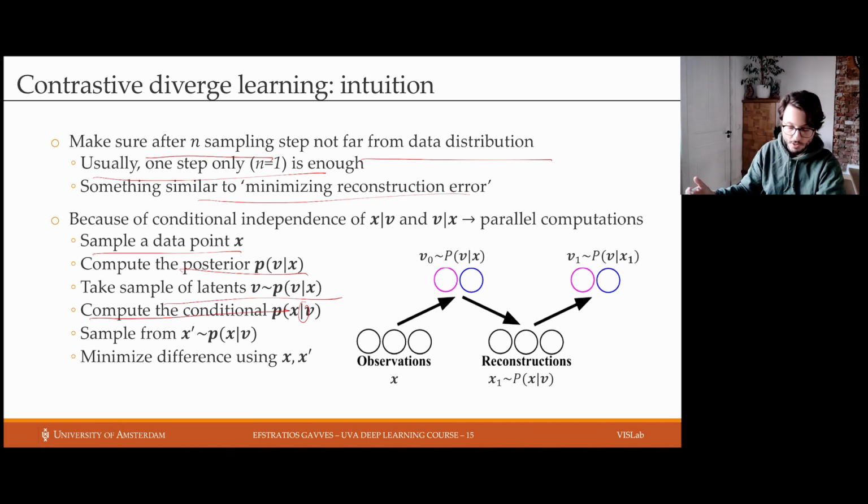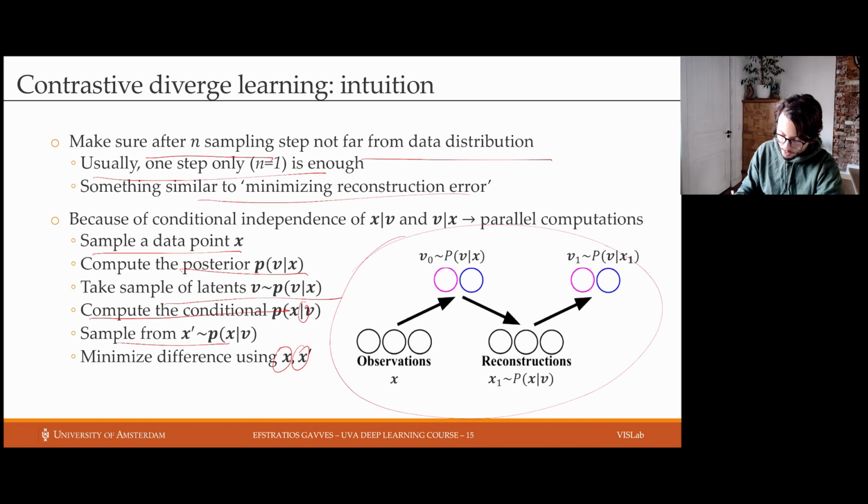So basically, we reconstruct our input, and we sample from it like that. By comparing our original input and the reconstructed one, we can see how good or how bad our training is. The closer the two distributions are, the better.